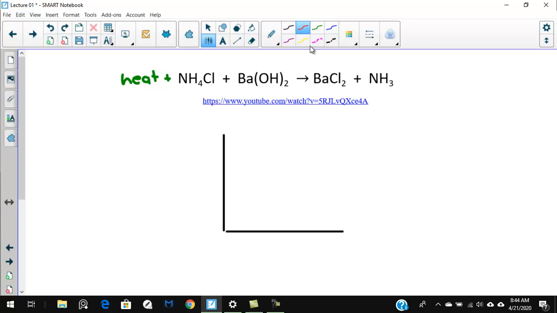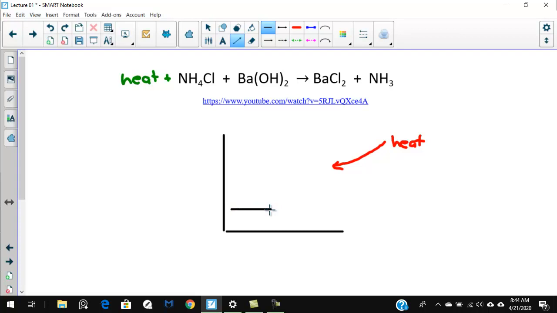So on our graph, heat is going to be pulled in to this reaction. It's going to come from the air. It's going to come from the water if it's happening inside an aqueous solution. But heat is going to be pulled out of the surroundings and added into our system. And so when we draw the system this time, what we have is our reactants are down here. They absorb energy, and then when done, they have more energy than what we started with.